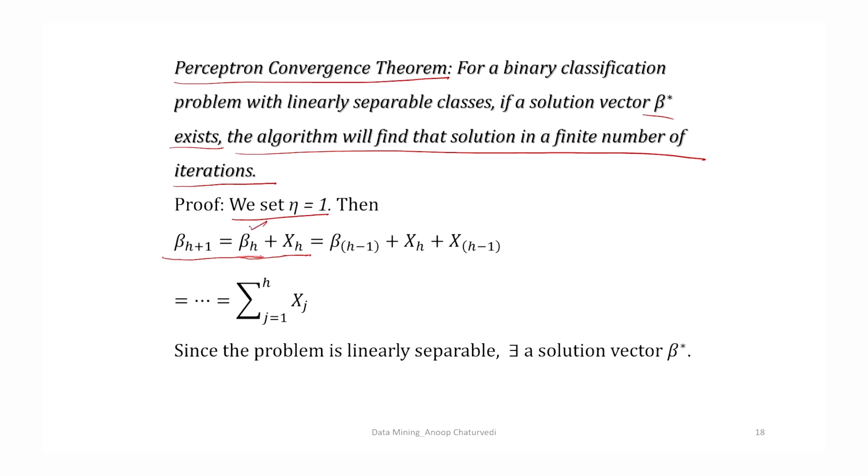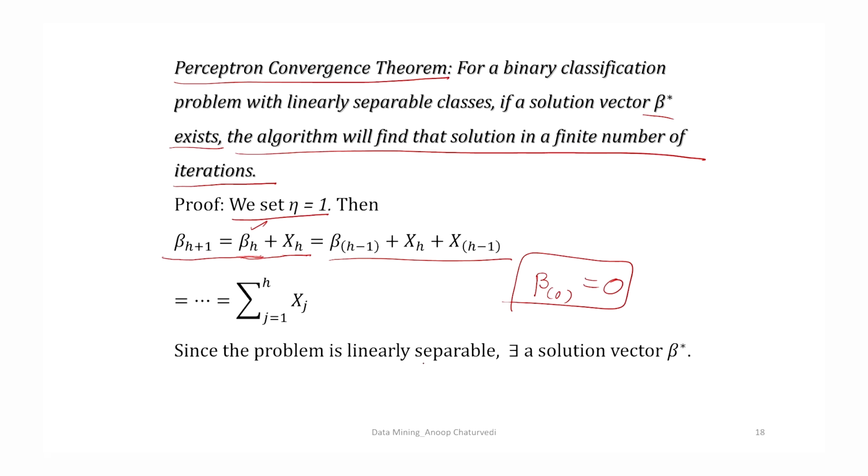Say you replace this beta_h by, just take beta_h in place of beta_(h+1), so you get beta_(h-1) plus x_(h-1) here, and then you proceed further, and ultimately you get the summation j equal to 1 to h of x_j. Remember that we have taken beta_0 equal to 0. So, initially we started with the weights vector equal to 0.